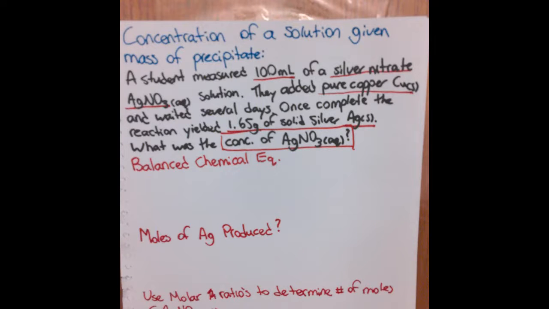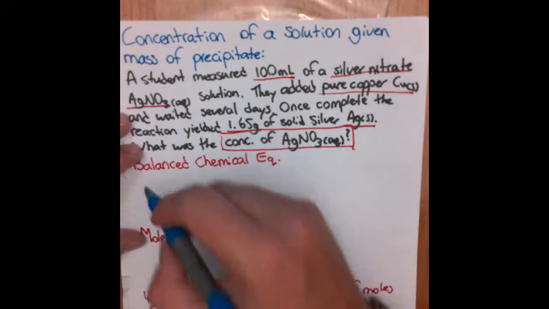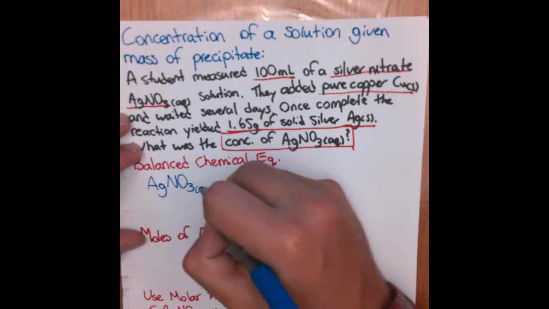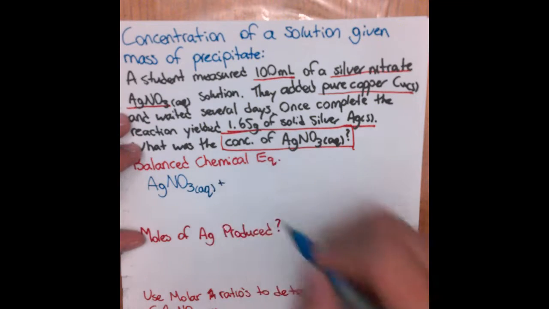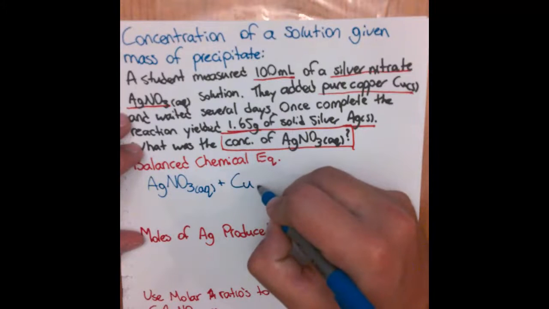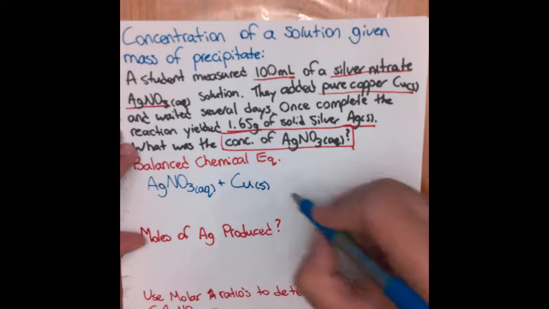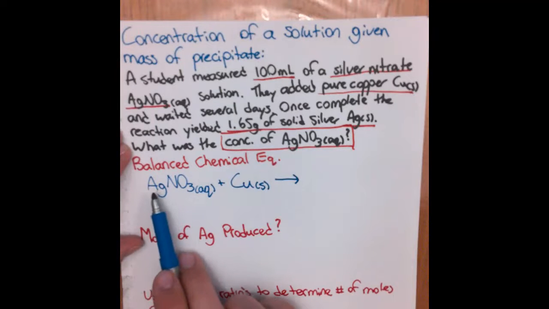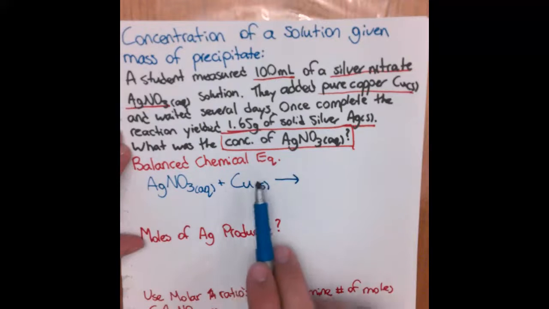Like we said in our rules, the very first thing that we're always going to have to do is make sure that we are writing out our balanced chemical equation. So we have silver nitrate, AgNO3, which is aqueous, reacting with pure copper, in the solid state, to produce, so it's a single displacement reaction, our cations switching with each other, our Ag and our Cu.